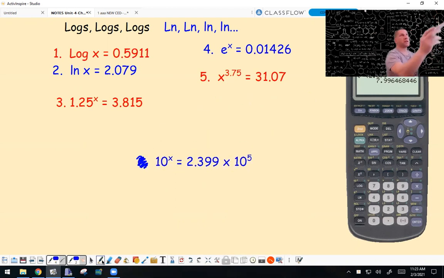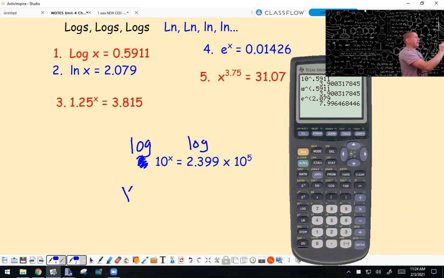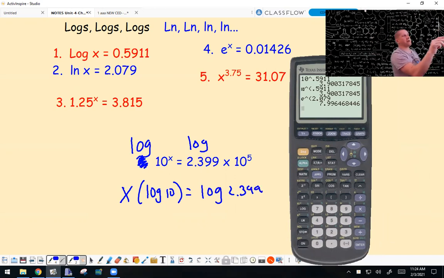All right, so if to get rid of logs, we use the 10 to the x button, then to get rid of 10 to the x, you use log, yes. So if we take the log of both sides on this one, now think about what we're doing there, log of both sides. So it's the same rule we had before, 10 to the x. So we get x times the log of 10 equals the log of 2.399 times 10 to the 5th.